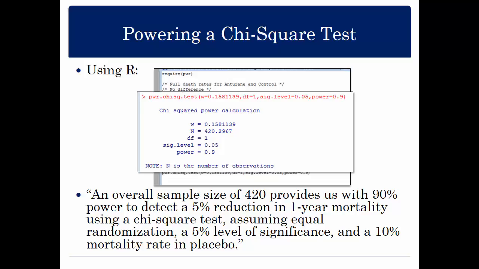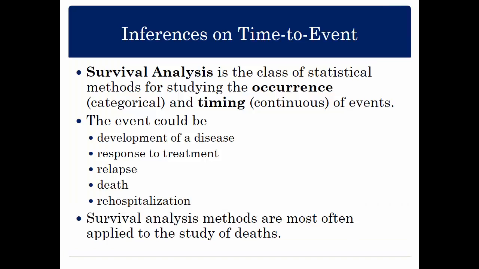Any questions about this information? Let's get into survival analysis. So survival analysis, I'm sure most of you are familiar with this at some level. It's simply the way that we treat questions where we're interested not only in whether or not an event is occurring, but what the timing of the occurrence actually is.